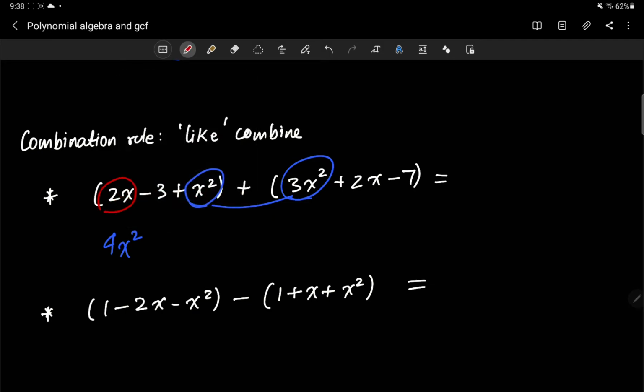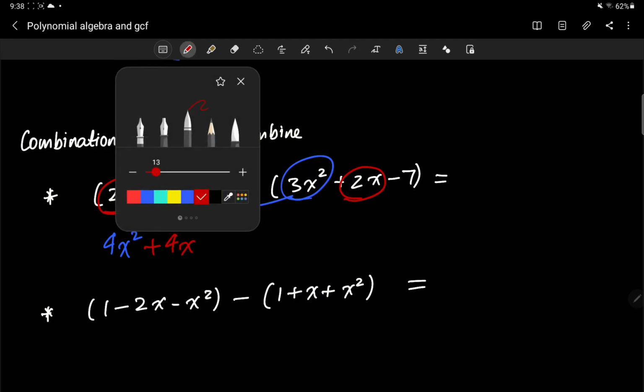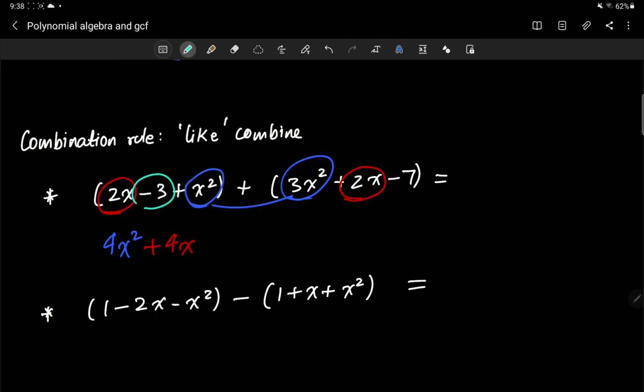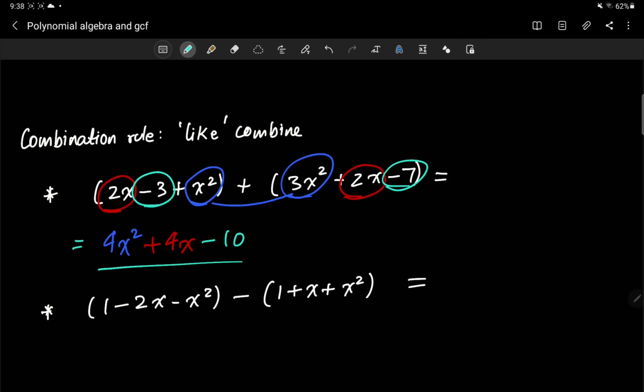And then the 2x and the 2x combine to give me a 4x. And then lastly, the negative 3 and the negative 7 combine to give me negative 10. So that is going to be the result of my addition. So that's what combining like terms means.